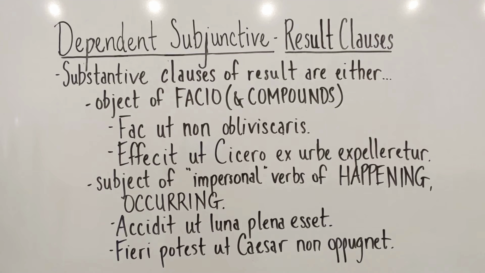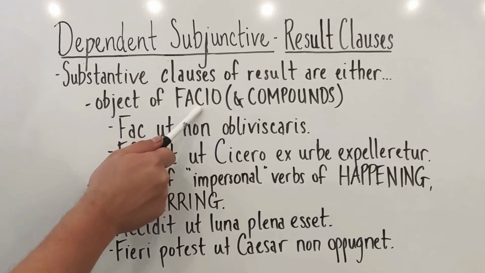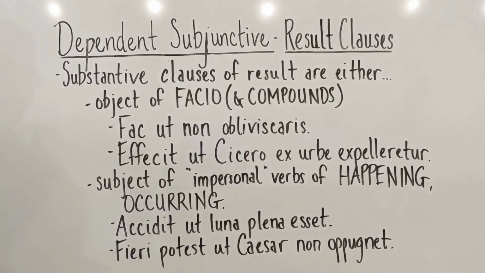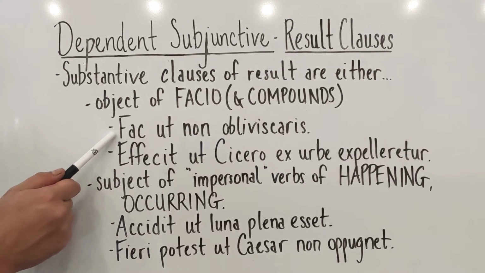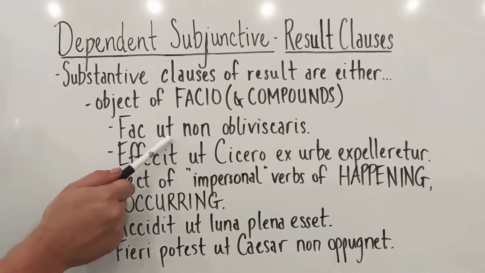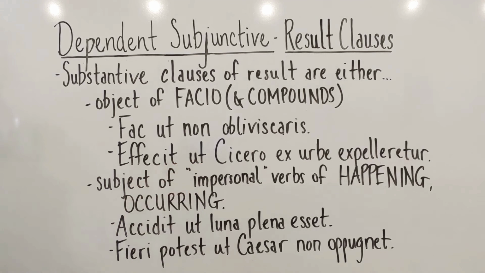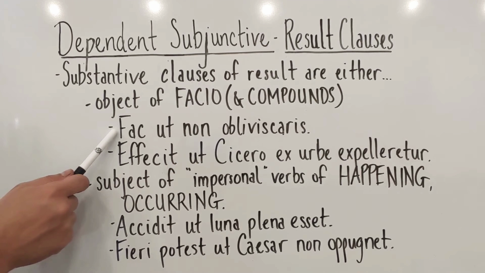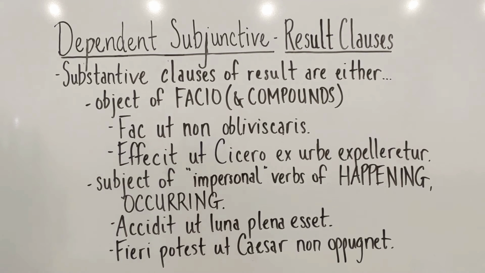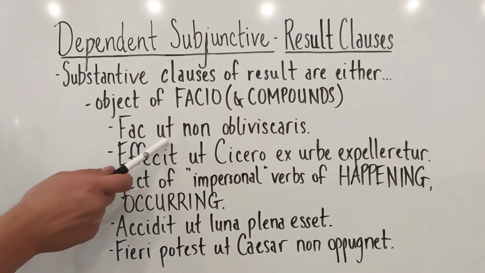So let's look at these. Remember, these are noun clauses instead of adverbial clauses. So the first kind, the object of a facio verb or a compound of facio. Fac, the imperative. Fac ut non obliviscaris. Fac as an imperative followed by a substantive result clause typically means take care. Take care that.